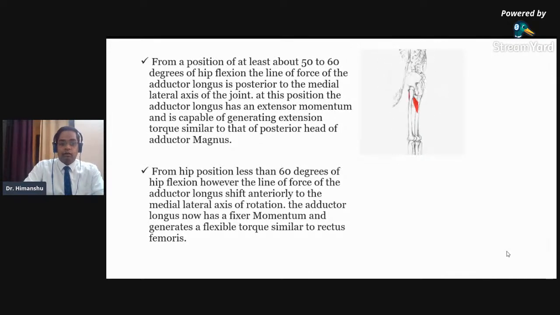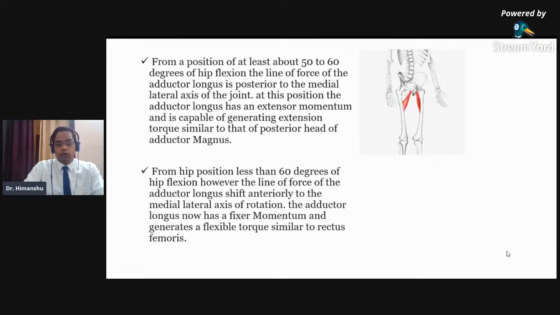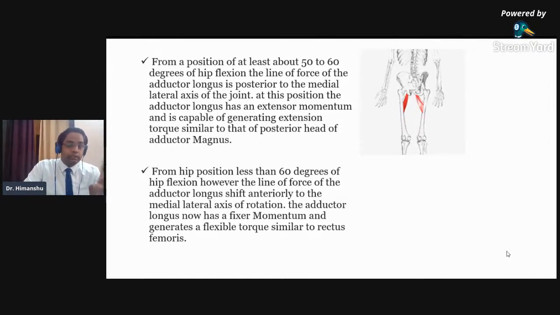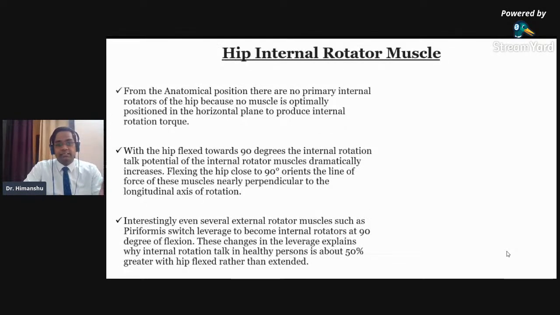The adductor longus now has a flexor moment arm to generate a flexion torque similar to that of the rectus femoris. In that case, the adductor longus can act as both a flexor and an extensor of the hip joint.